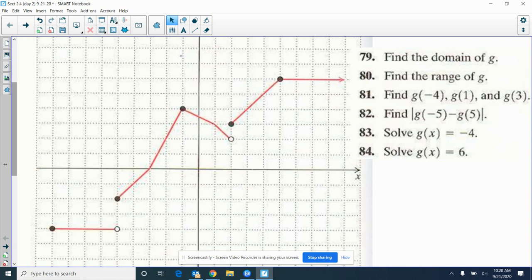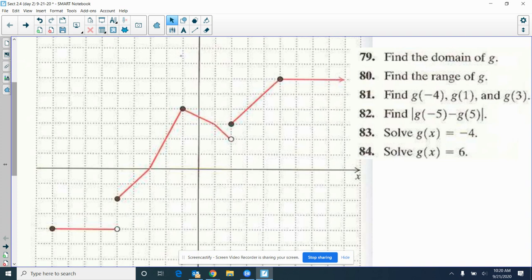Yeah, it's going to hit all the way up to what? 6. Yeah, so it's going to go from -2. It includes -2. Is it going to include 6? Yes. So -2 to 6. So it's going to miss everything in between -4 and -2, and then it'll go up from there.